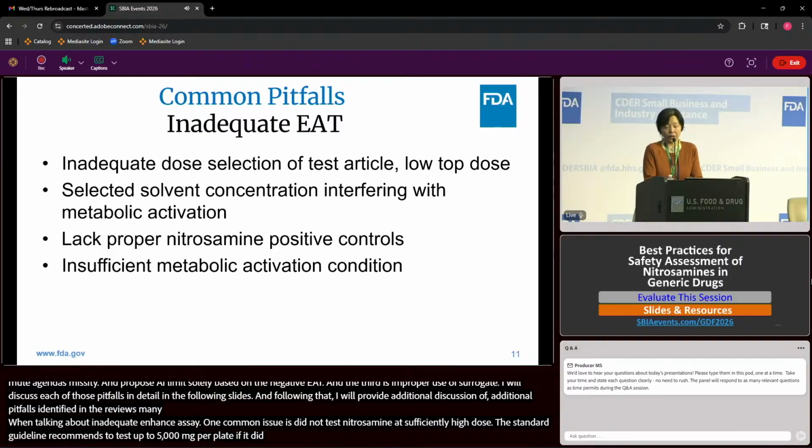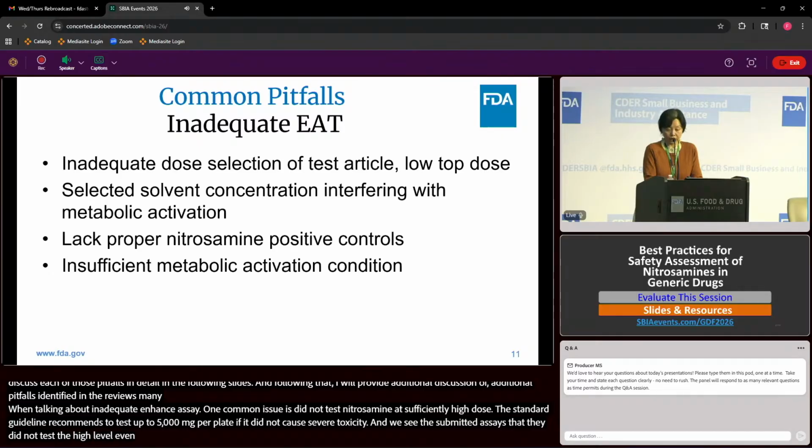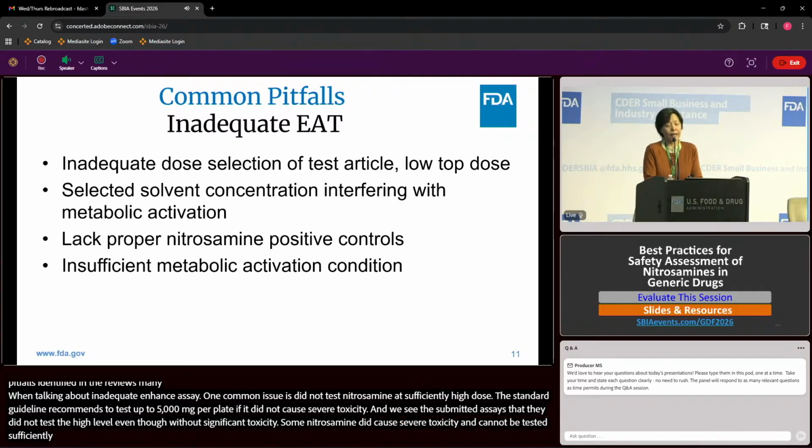We often see submitted assays that did not test the high level, even though without significant toxicity. Some nitrosamines do cause severe toxicity and cannot be tested at a sufficiently high dose. That makes those enhanced Ames assays inadequate to fully characterize their mutagenicity potential.